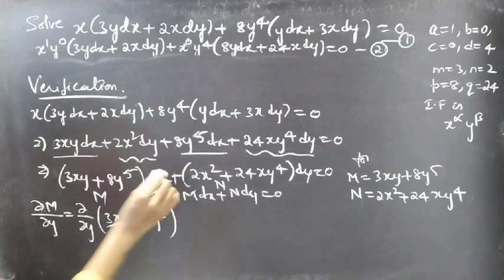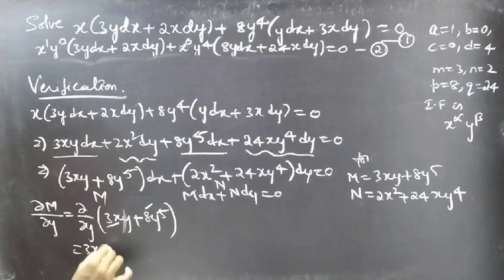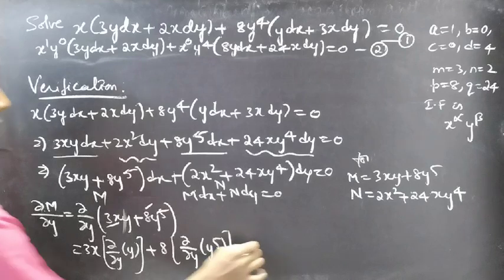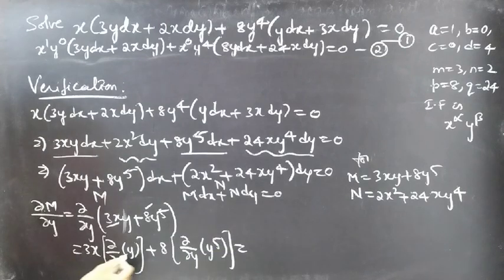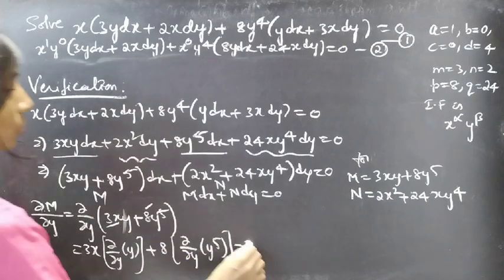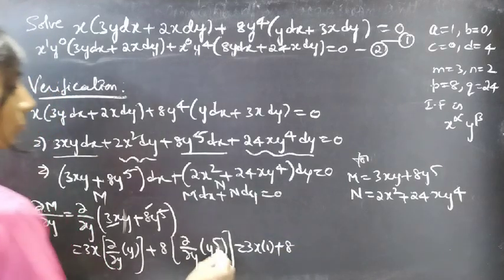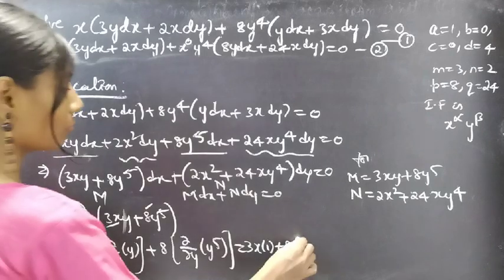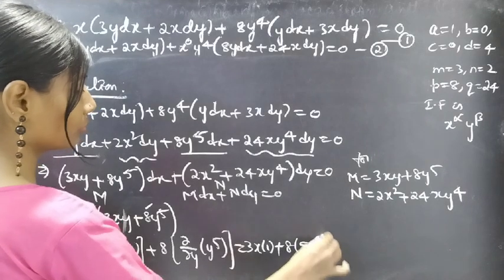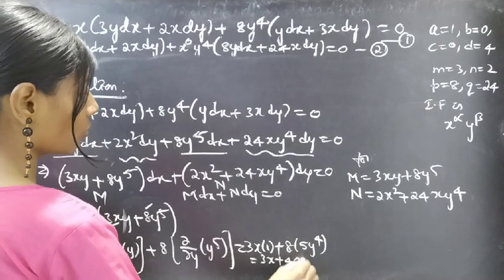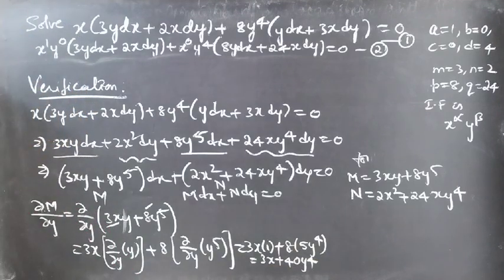Here 8 is constant, so we'll write this as 3x into partial derivative of y with respect to y plus 8 into partial derivative of y power 5 with respect to y, which gives us 3x into 1 plus 8 into 5y power 4, which gives us 3x plus 40y power 4, right?